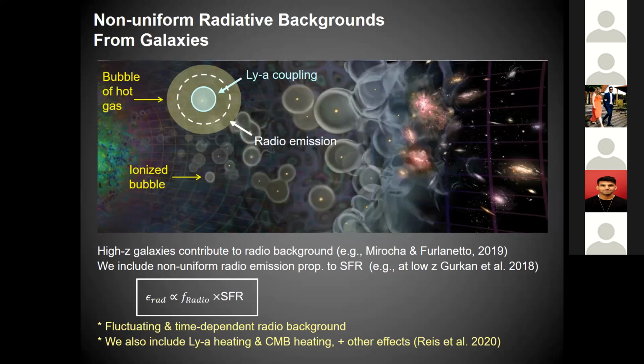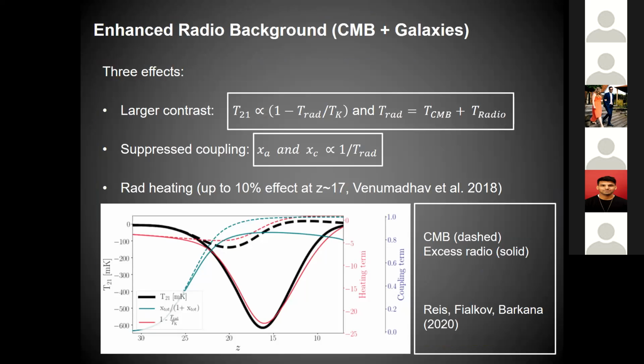So the three main effects of adding this extra radio background are, first of all, it creates a larger contrast between the background and gas temperature, leading to deeper signals. That's the major effect. It also suppresses couplings because in the spin temperature, all couplings are weighted by the background temperature.